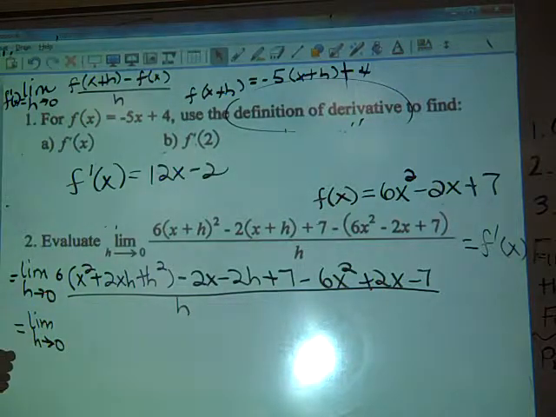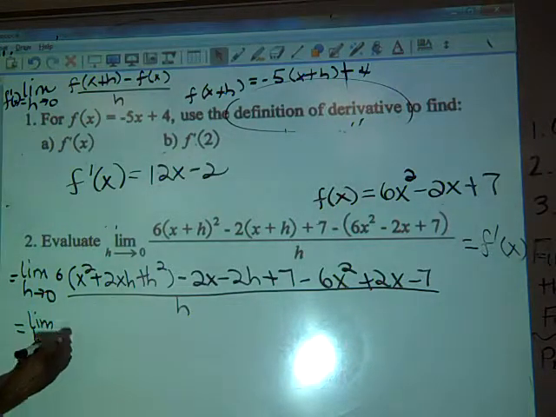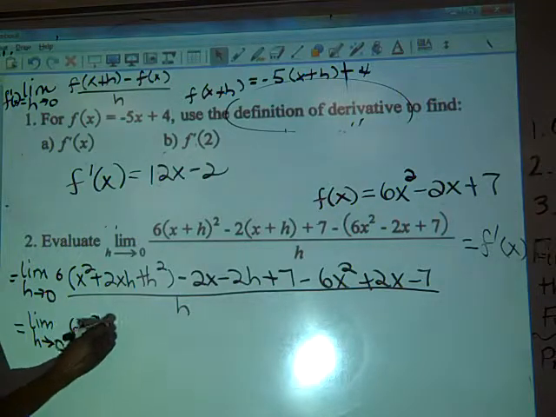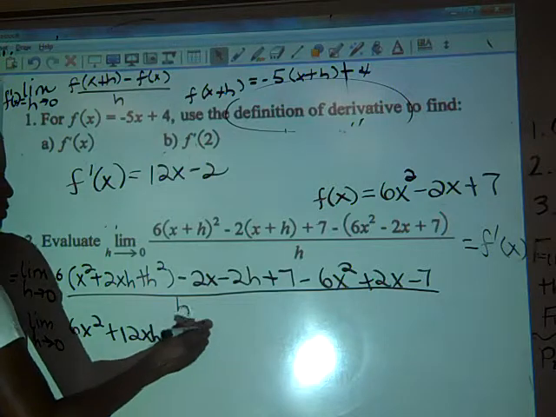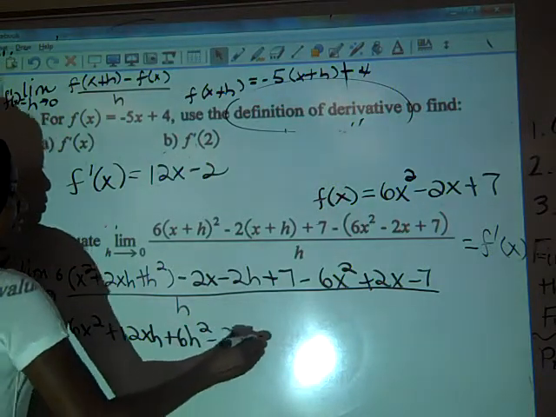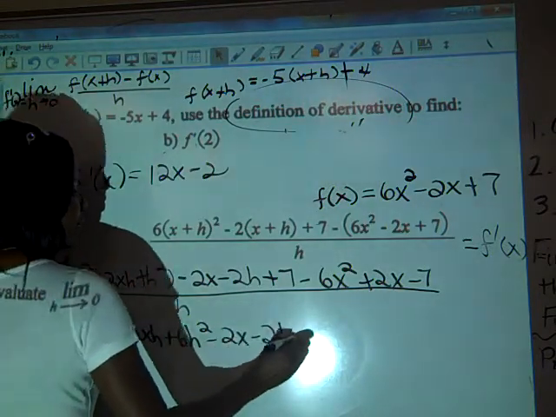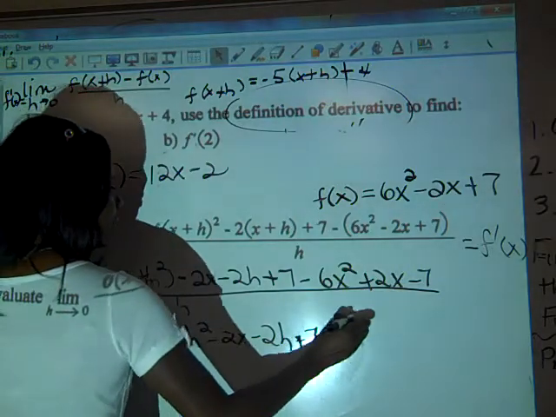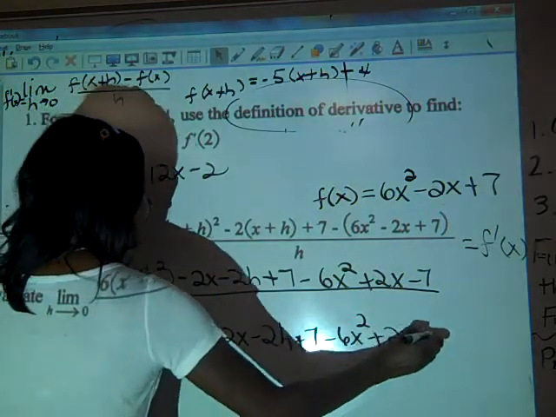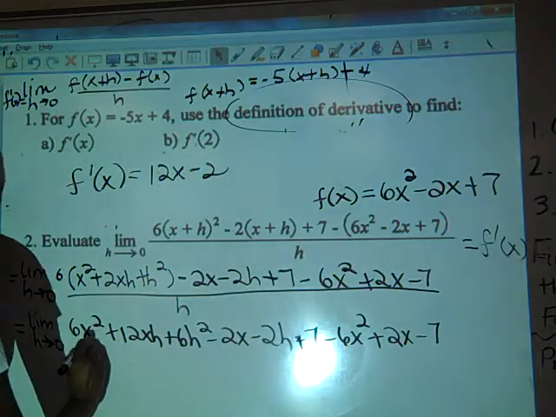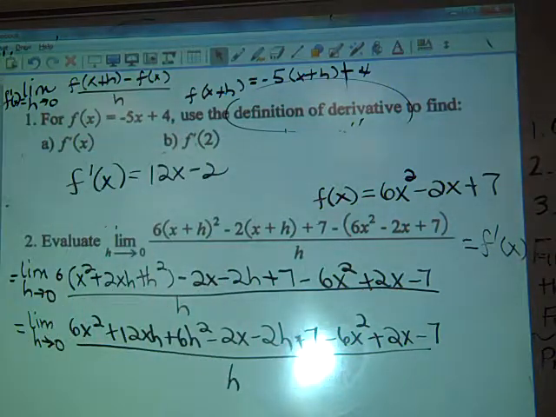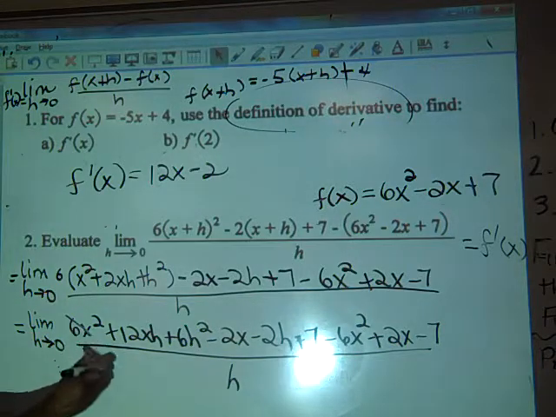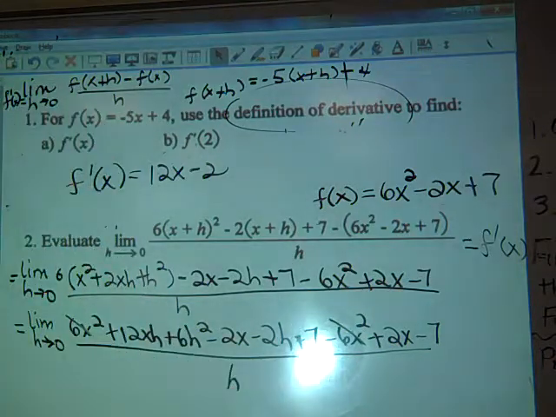When you distribute the 6 on this step, what am I going to have? 6x squared plus 12xh plus 6h squared minus 2x minus 2h plus 7 minus 6x squared plus 2x minus 7, all over h. What goes away? 6x squared, then 7 and 7, 2x and 2x.